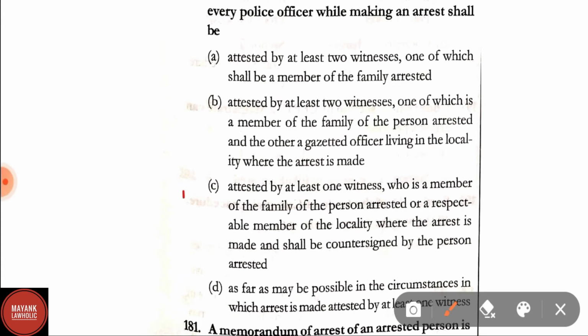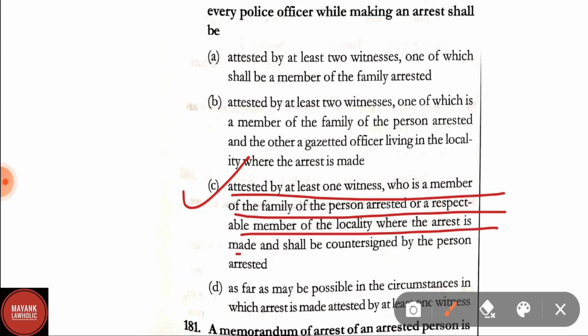Option C, attested by at least 1 witness who is a member of the family of the person arrested or a respectable member of the locality where the arrest is made and shall be countersigned by the person arrested. And option D, as far as may be possible in the circumstances in which arrest is made, attested by at least 1 witness. Here in question number 180, correct answer is option C, that is attested by at least 1 witness who is a member of the family of the person arrested or a respectable member of the locality where the arrest is made and countersigned by the person arrested.